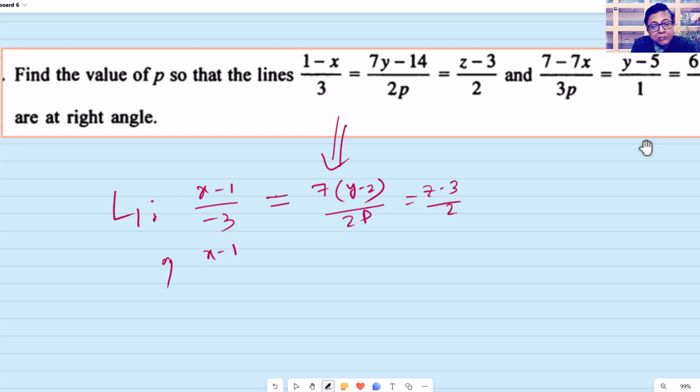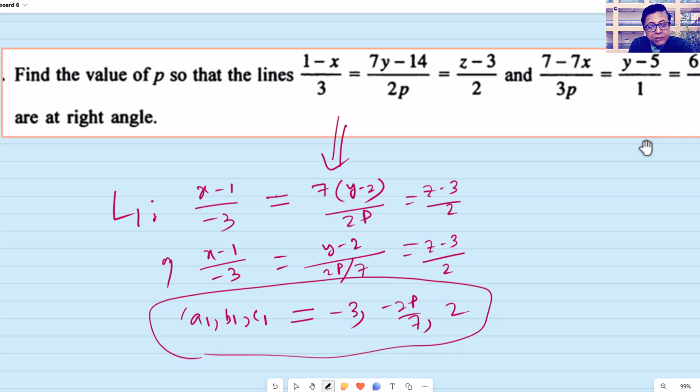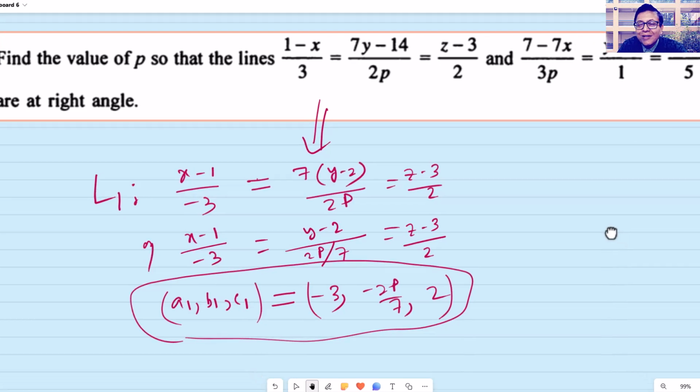So x minus 1 by -3. Hope you have understood what A1, B1, C1 are here. This will be -3. This step is clear to you. This is equal to this. Okay, ordered triplets, they are comparable.